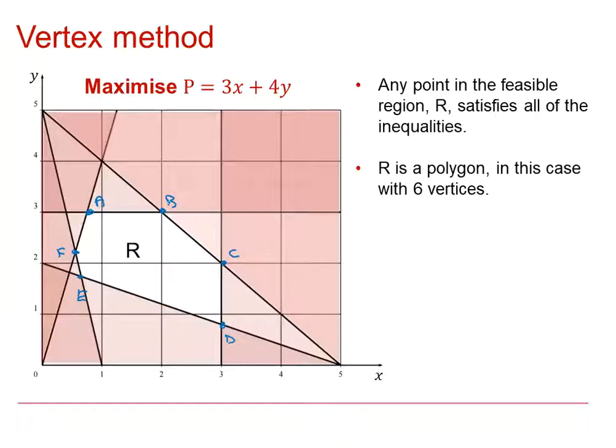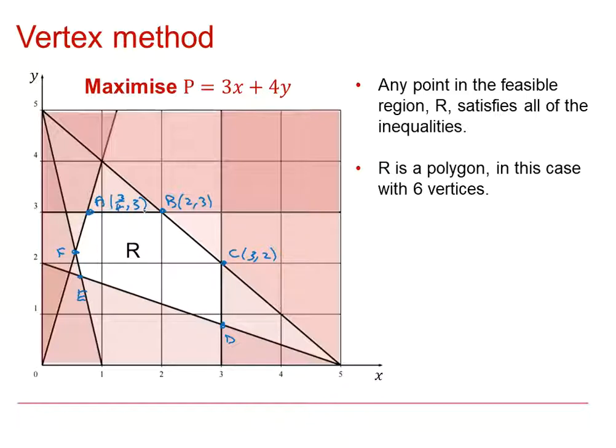I can see straight away from my diagram that B is the point (2, 3). I can see that C is the point (3, 2). And for A, I can see the y coordinate is definitely 3, and if I sub y is 3 into this constraint, I will get the x coordinate is 3/4.